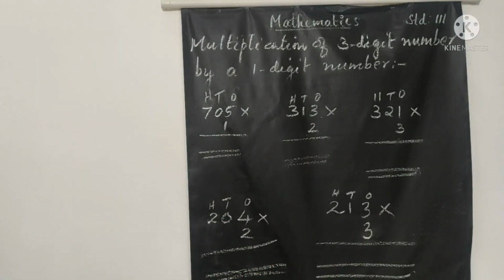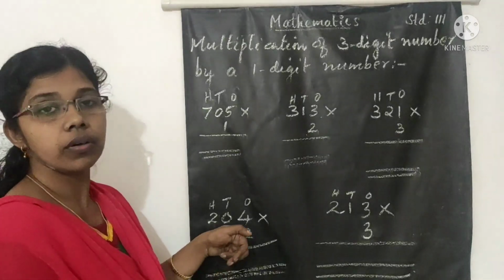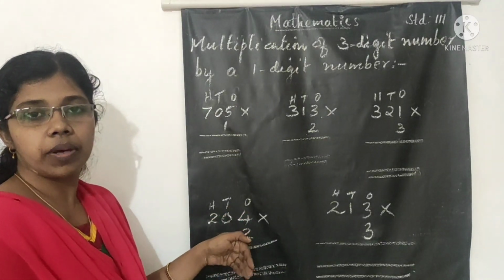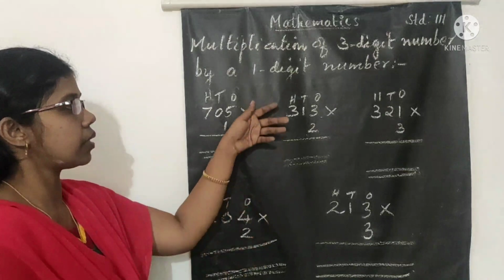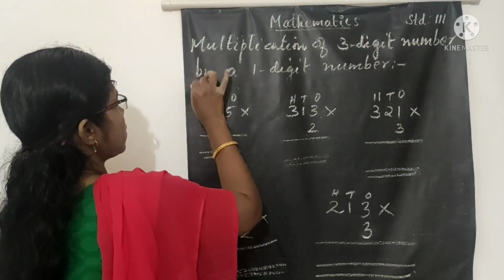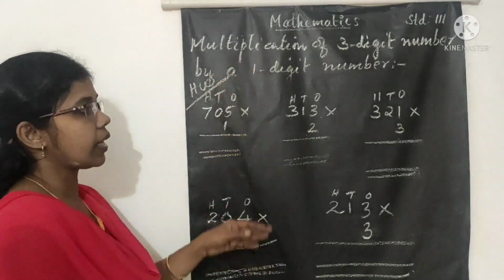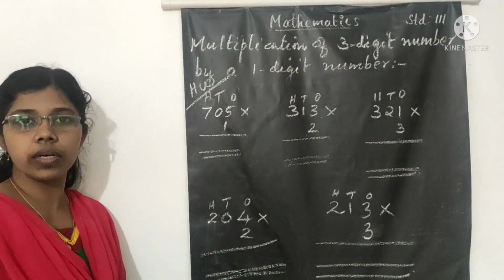First write all these questions. Do all of you know how to multiply a 3-digit number by a 1-digit number? Yes, these are the homework questions. All of you write these questions with the answers in your notebook.